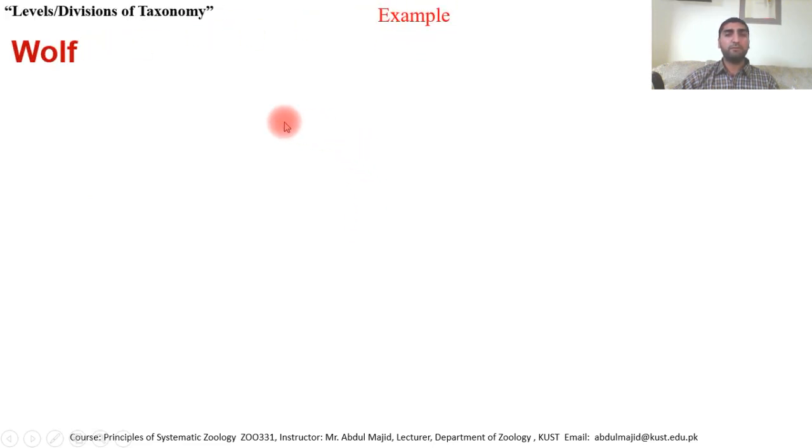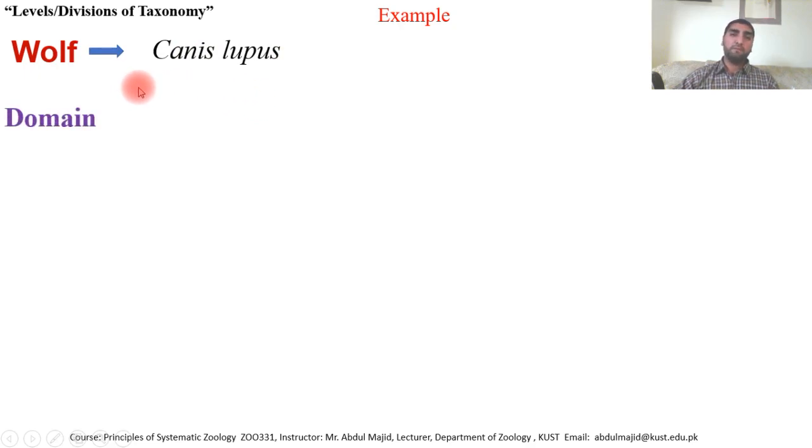Now let's take an example. For example, the wolf. Everybody knows it. The scientific name of wolf is Canis lupus. So let's start. If you have a wolf, Canis lupus, and you want to put it into higher categories, where are you studying?